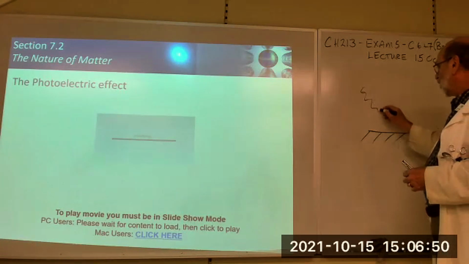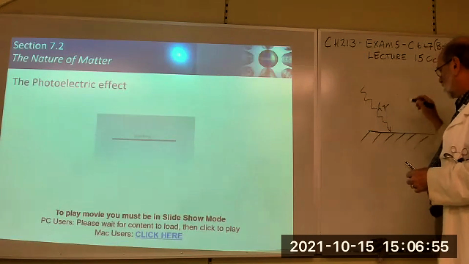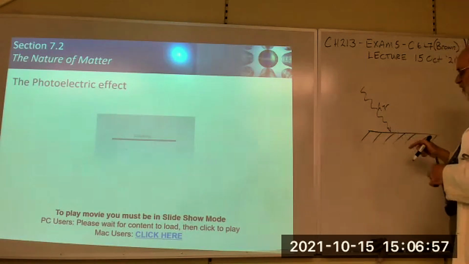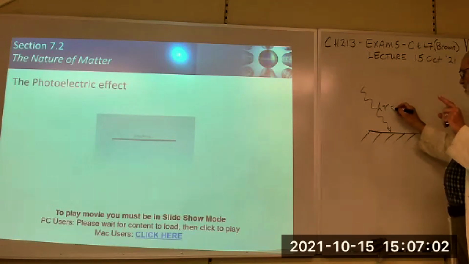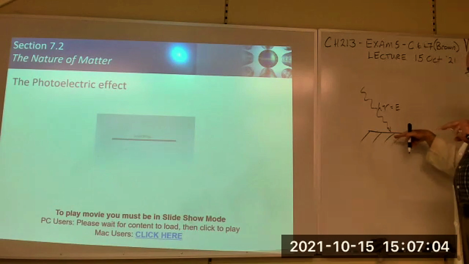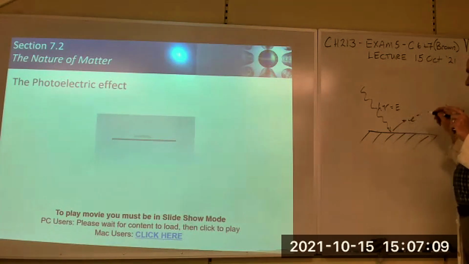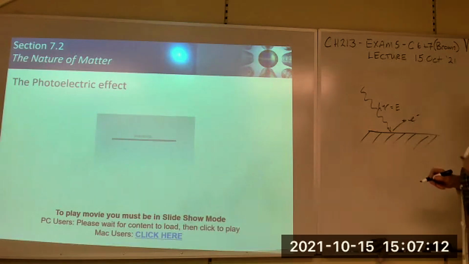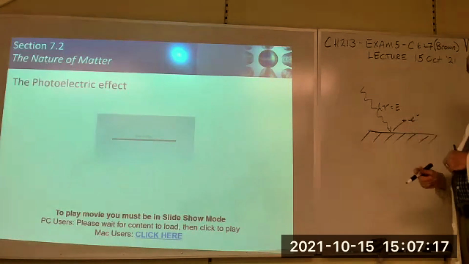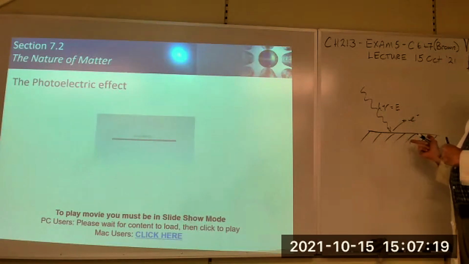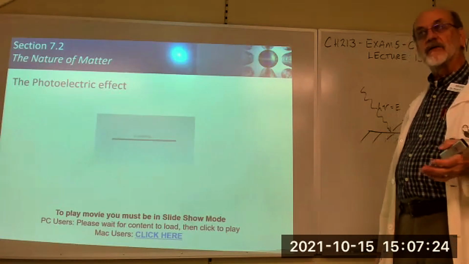When light impinges on the surface of the metal with a certain amount of energy, if that photon has sufficient energy, it can kick out an electron, right? And it needs a minimum amount of energy to make that electron leave the surface. We see a practical application of that in photovoltaic cells.